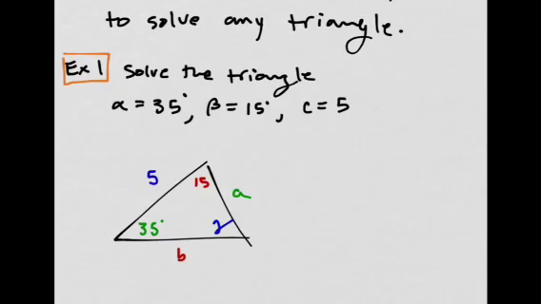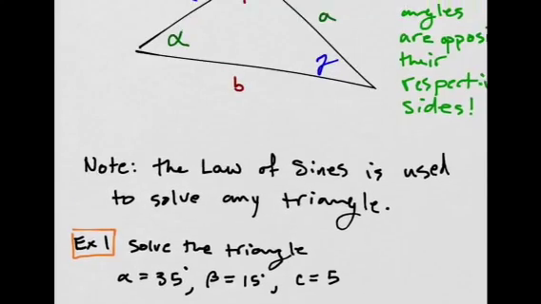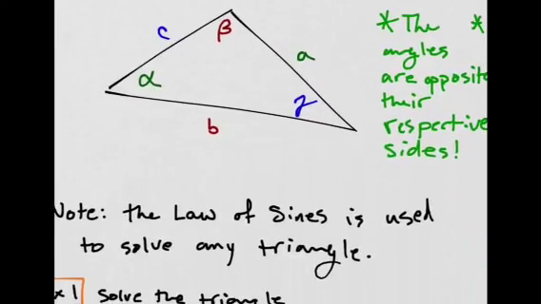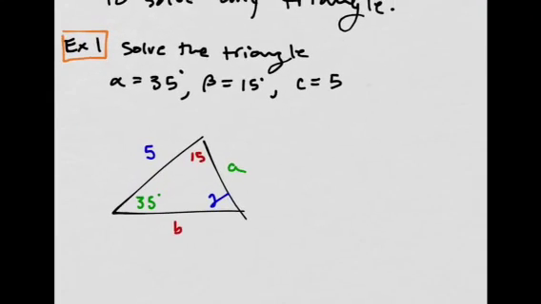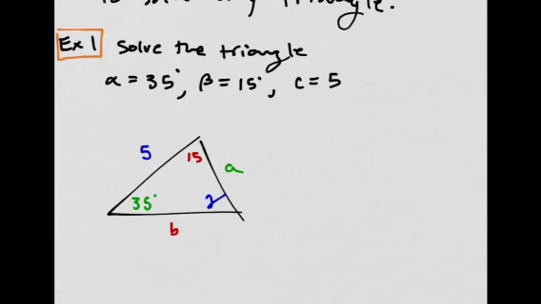And then I can start. This is very easy. I just use the law of sines, and I have a way to get the gamma. How do we get gamma? We already have two of the angles, and I know the angles of a triangle have to add up to 180.